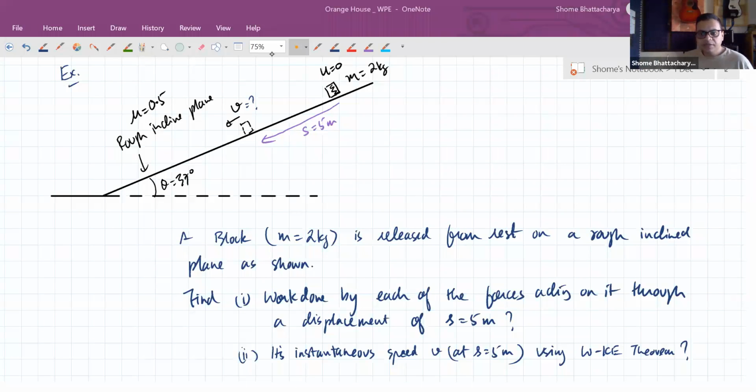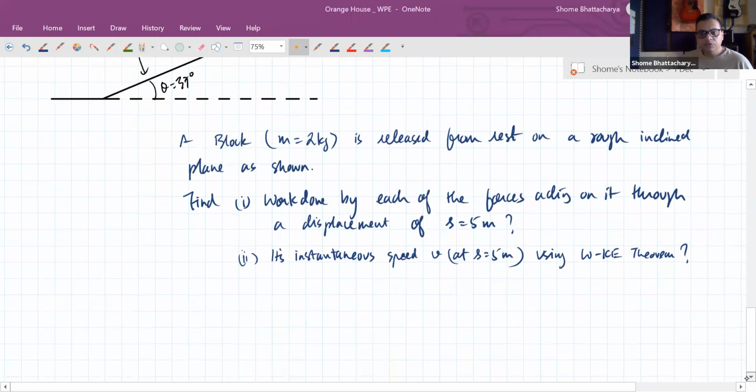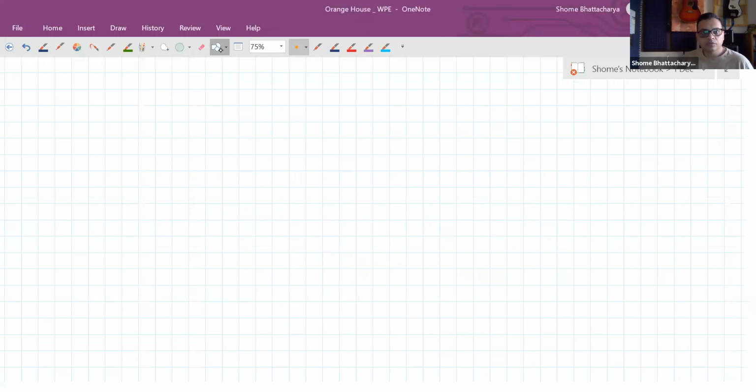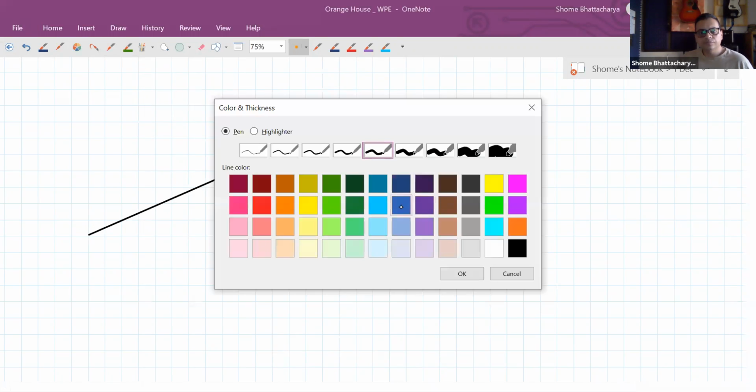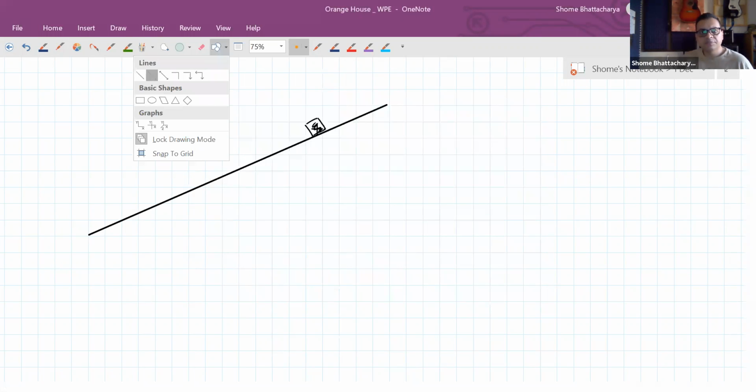Okay, so let us start by understanding the work done by each of the forces. As you know, the forces acting on the block is something that we've learned in Newton's laws and friction chapter.